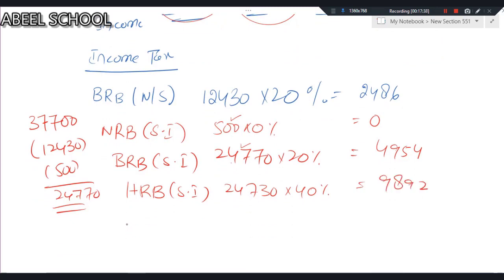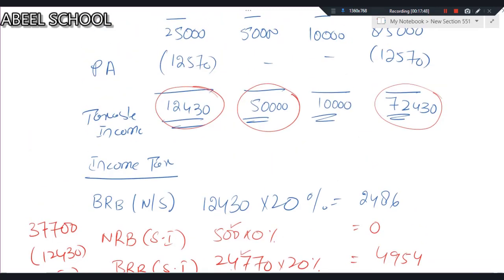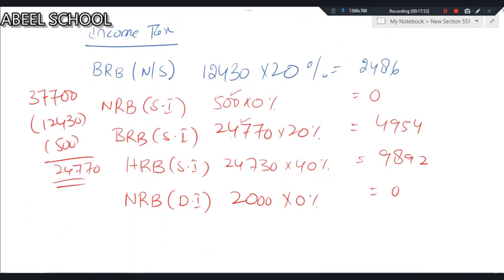9,892. When it comes to dividend income, we know that every individual gets nil rate band of 2,000 irrespective of individual's tax paying status. Dividend income amount is 10,000. Out of that 10,000, 2,000 obviously falls in nil rate band. So remaining 8,000 now of this question actually falls in higher rate band because basic rate band is already utilized.